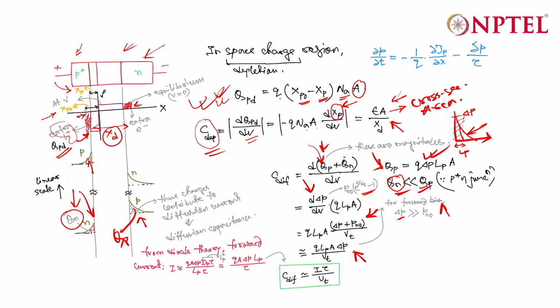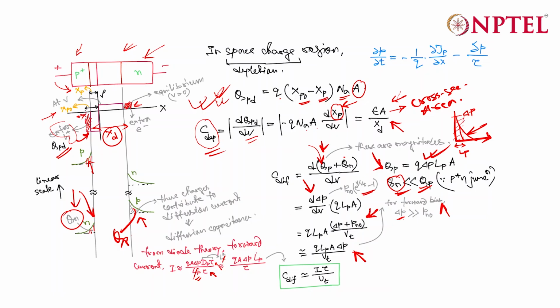And from the diode theory, the forward current I is nothing but q into A into delta p Dp by Lp. Now multiply tau on both the sides, the expression will become q A delta p Lp by tau.